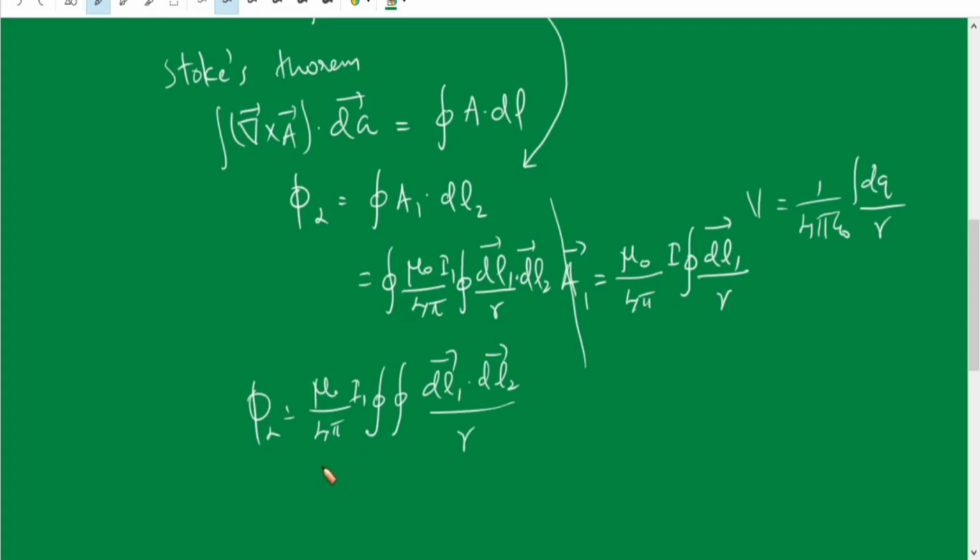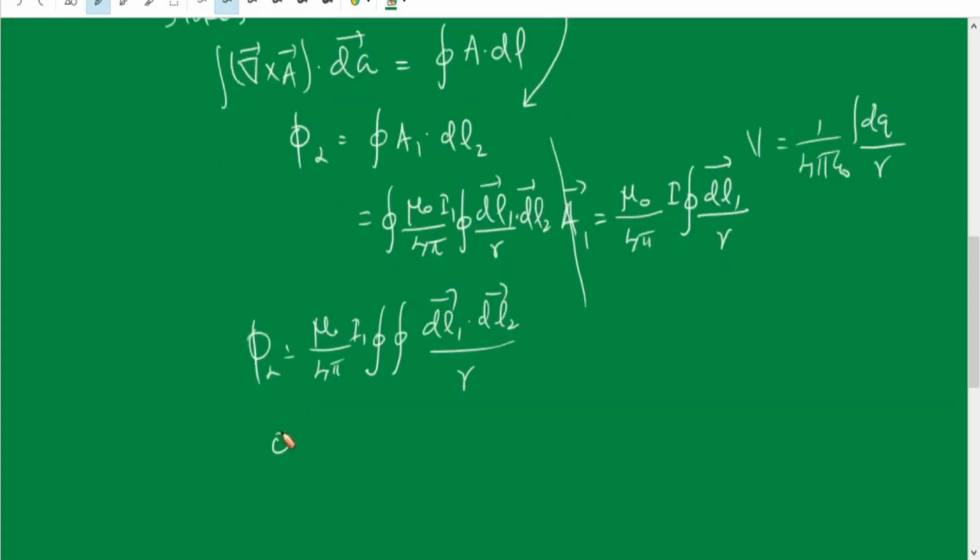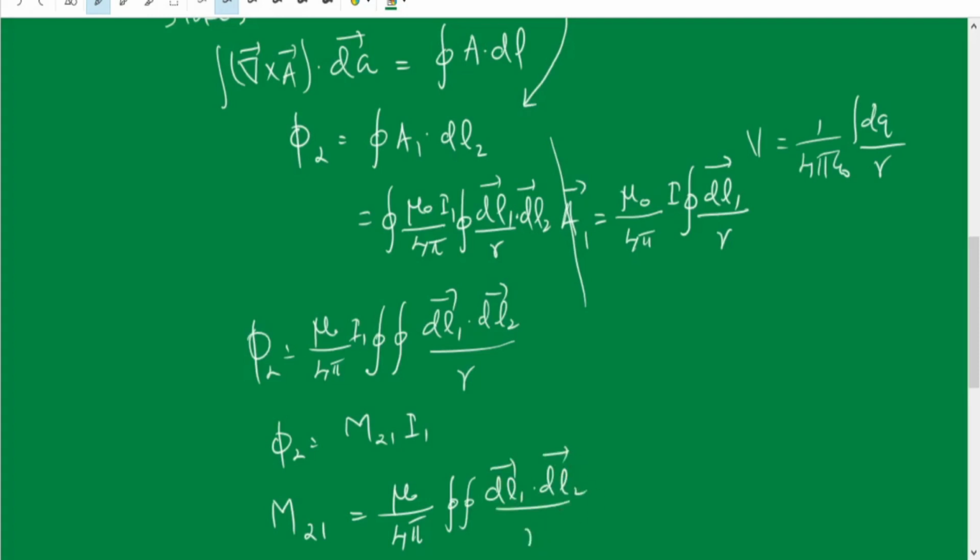So what we have is phi 2 equal to M21 I1, proportional to the current I1. Comparing these two expressions, we can write the mutual inductance M21 as mu 0 divided by 4 pi, double integral of dl1 dot dl2 divided by r.